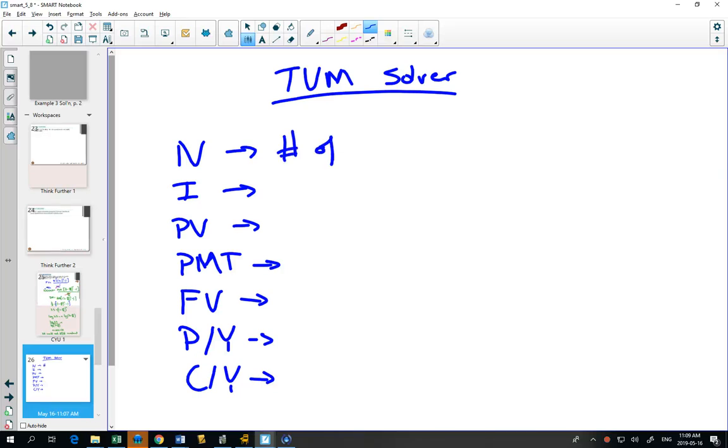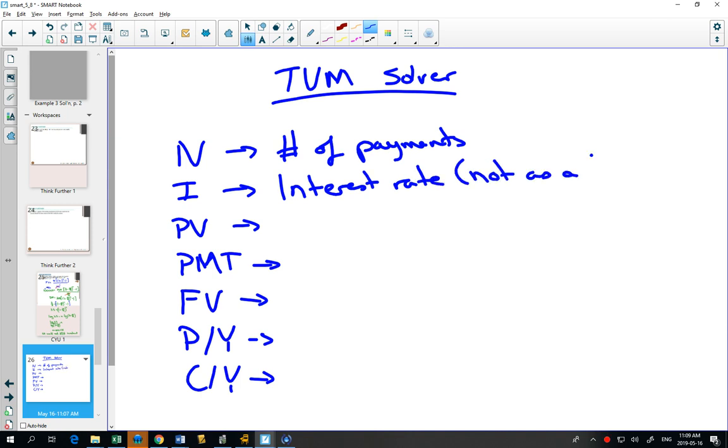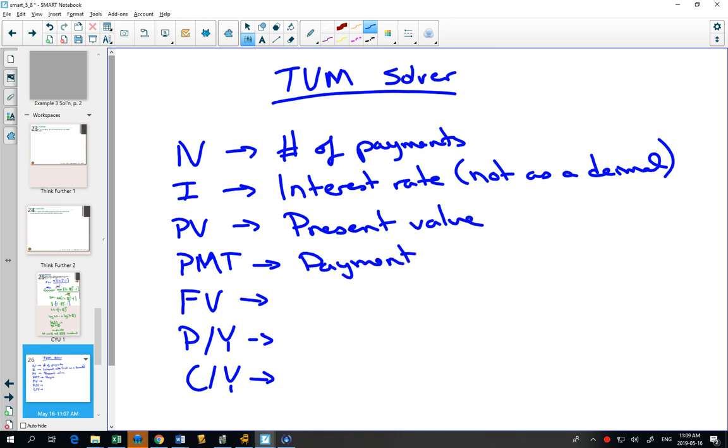N stands for the number of payments. I is the interest rate, not as a decimal, just a regular number. PV stands for present value. PMT stands for payment.